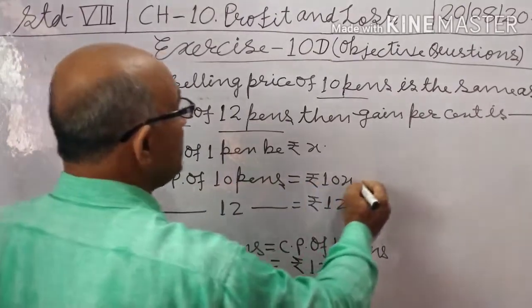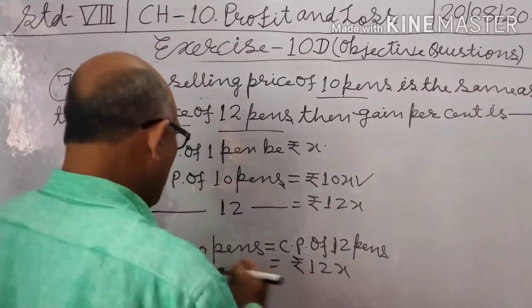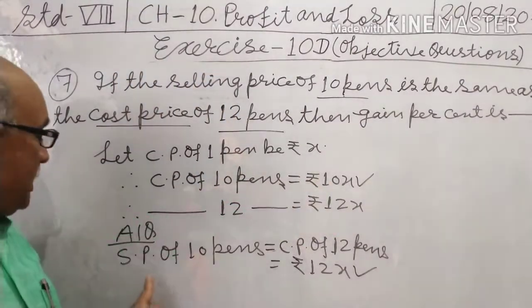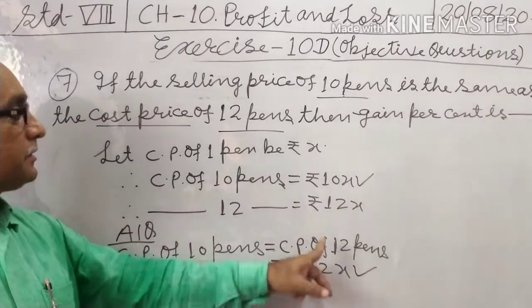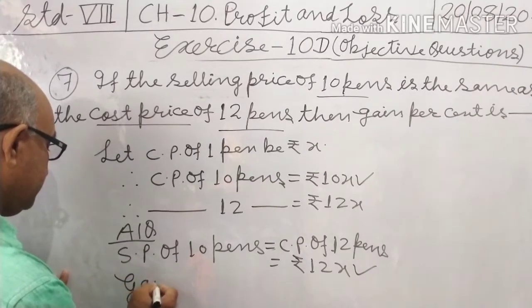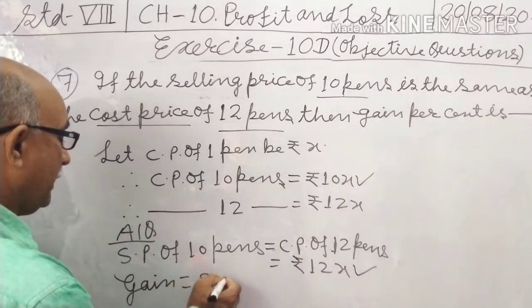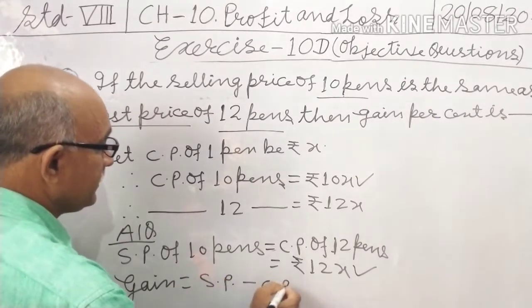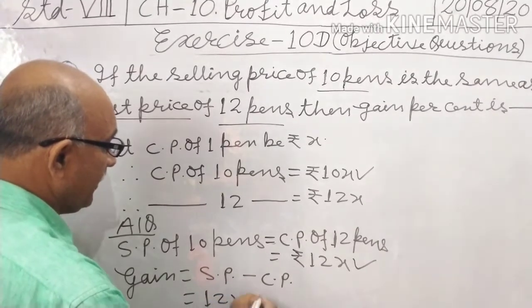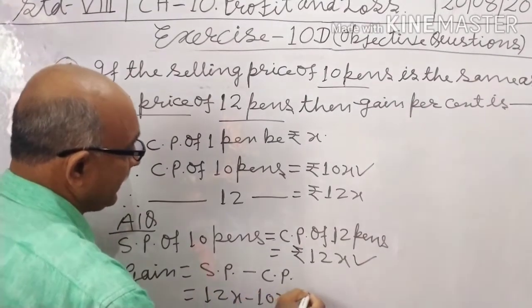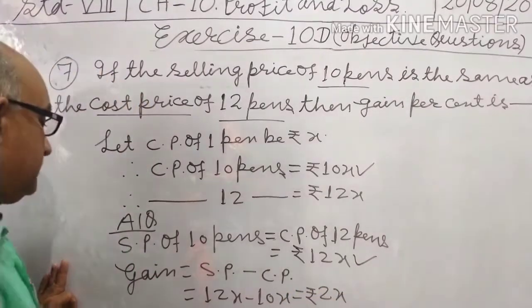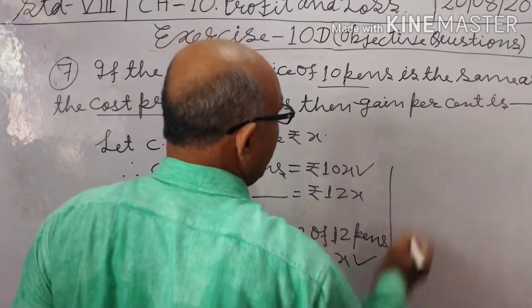So CP of 10 pens is 10x and SP of 10 pens is rupees 12x. CP less than SP, so gain equal to SP minus CP equal to 12x minus 10x equal to rupees 2x.